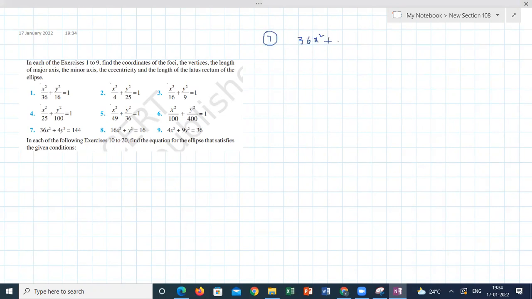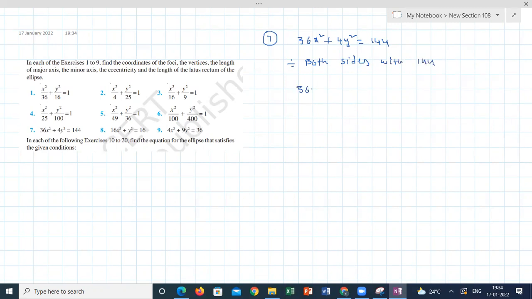36x square plus 4y square is equal to 144. Divide both sides with 144.